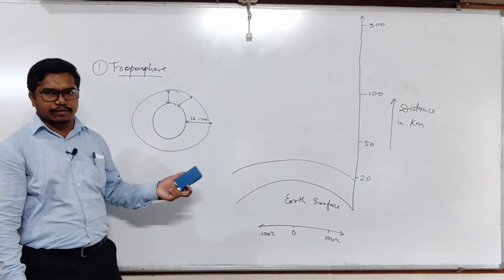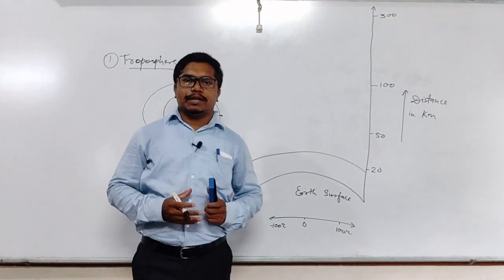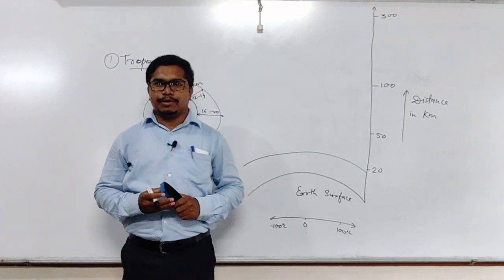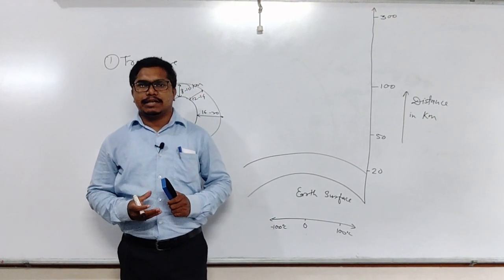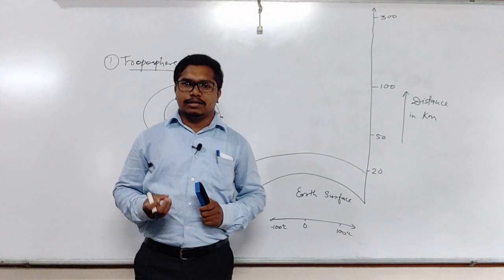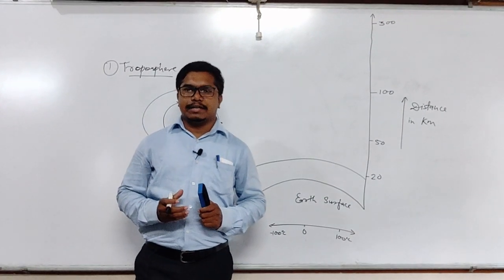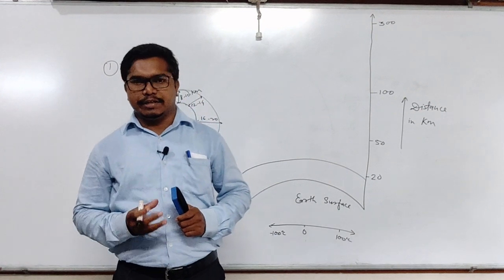For all living organisms, it is the most important zone of atmosphere because various activities like lightning, thunderstorms, cloud formation, storm formation, etc. take place at this layer.